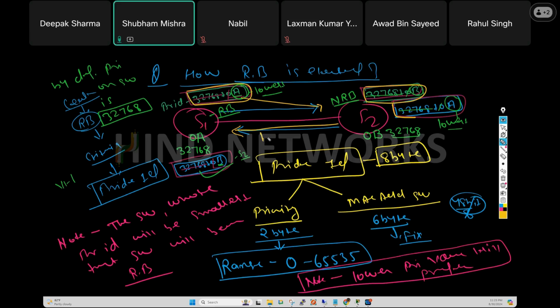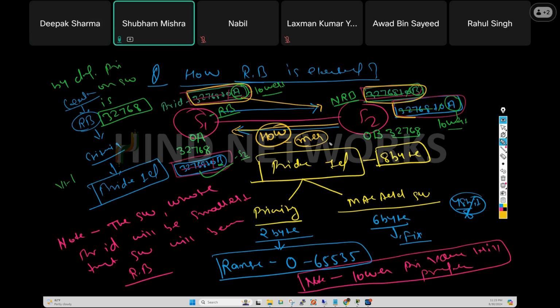Now the thing is, how do both switches exchange the bridge ID with each other? In networking, everything is exchanged with the help of messages.